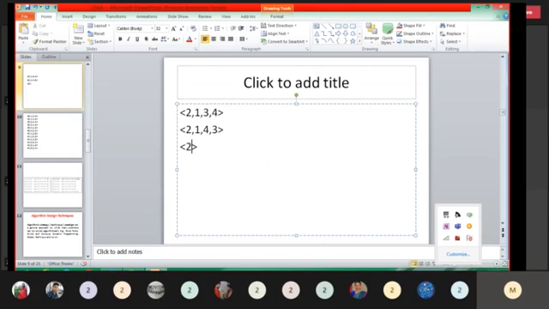Next is 2, 3, 1, 4. Next is 2, 3, 4, 1. Then 2, 4, 1, 3. It should not be repeated. Next is 2, 4, 3, 1. So now we got 6 combinations, right?